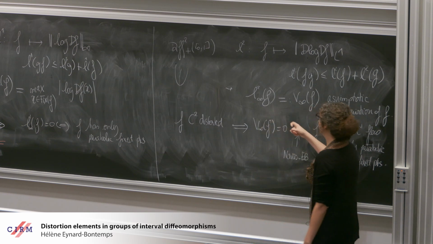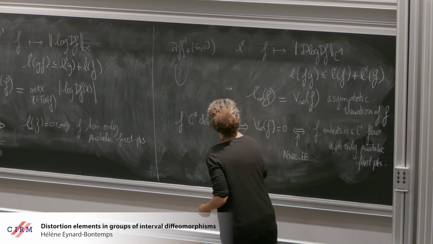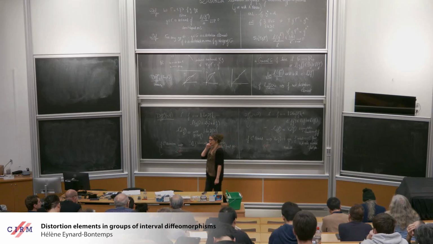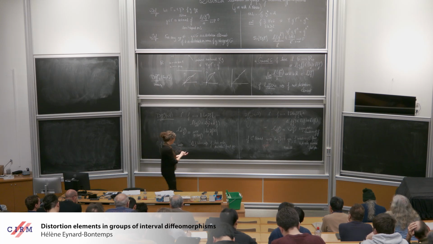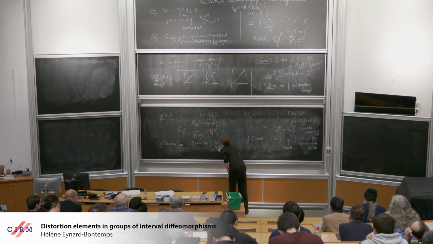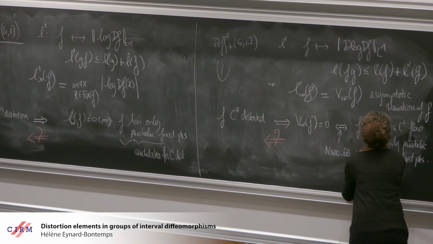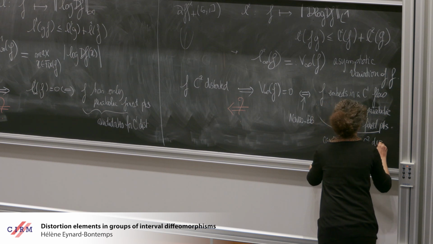Okay, and again, if f is C2, so f is in this group, C2 distorted, then its asymptotic variation must vanish, and the question is whether the converse is true. Let me just make a short pause to tell you that these are the candidates for C1 distortion, and these are the candidates for C2 distortion.